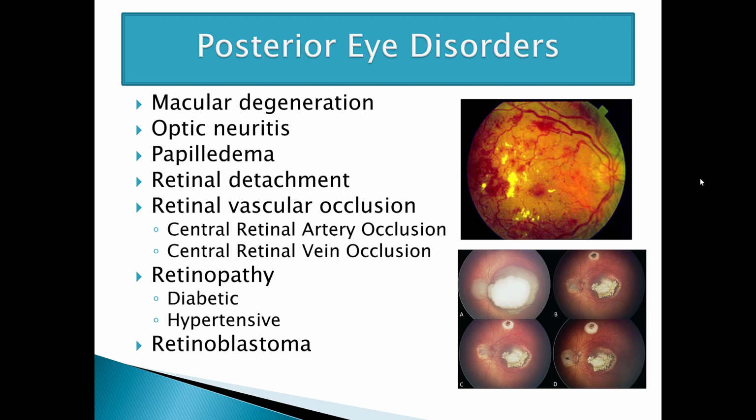All the eye disorders that we're going to talk about in this section, in order to diagnose these eye disorders, you have to do an ophthalmologic exam with either a panoptic or a standard ophthalmoscope. And as discussed in the review section of this lecture series, doing it with a dilated eye is going to give you much better visualization of the back of the eye.